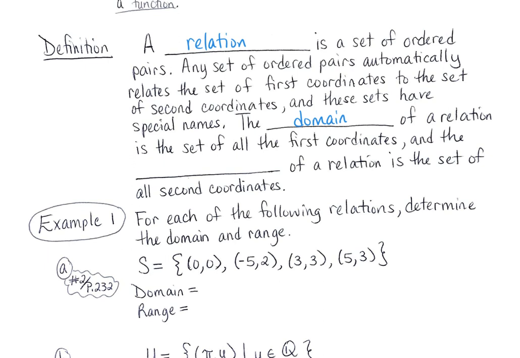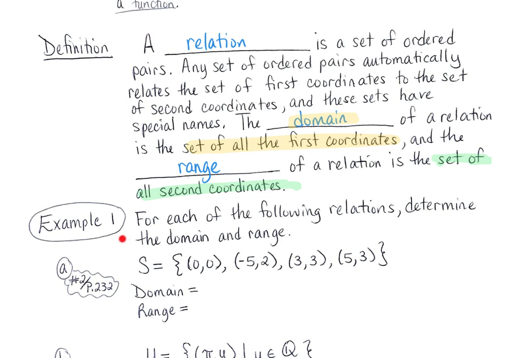That's key. The domain is the set of all first coordinates. And the range is the set of all second coordinates.